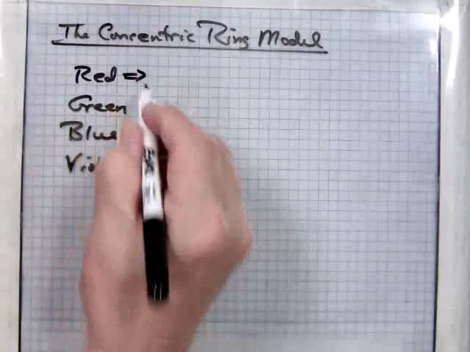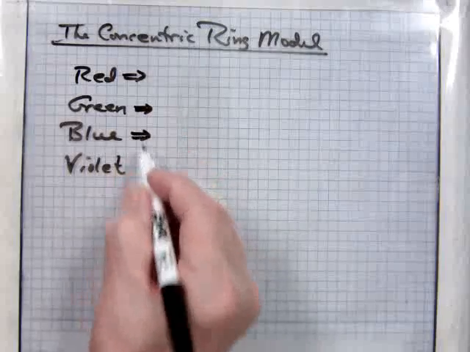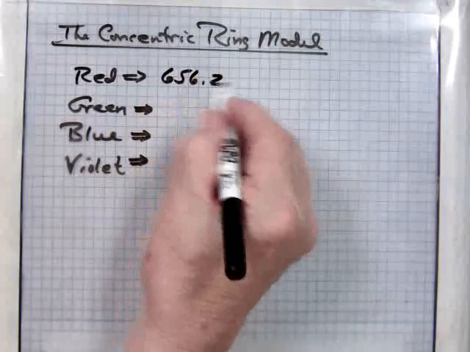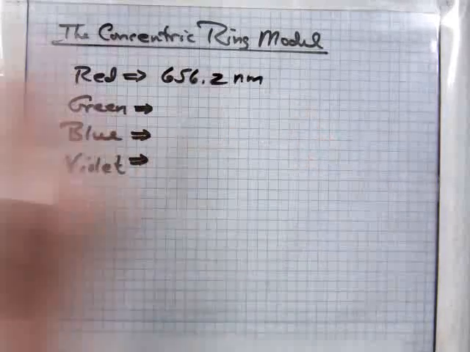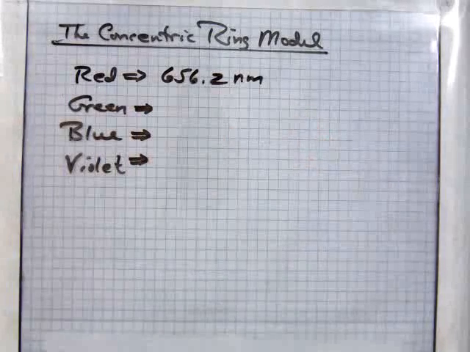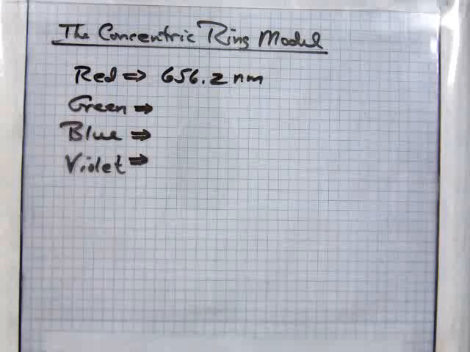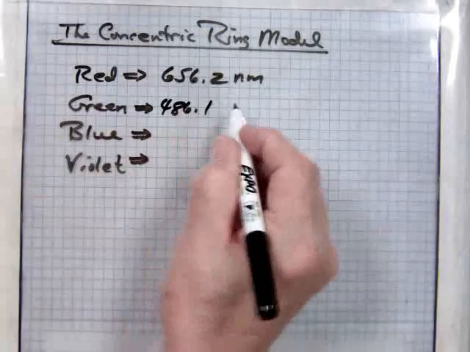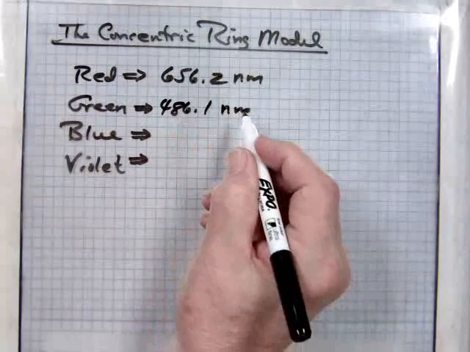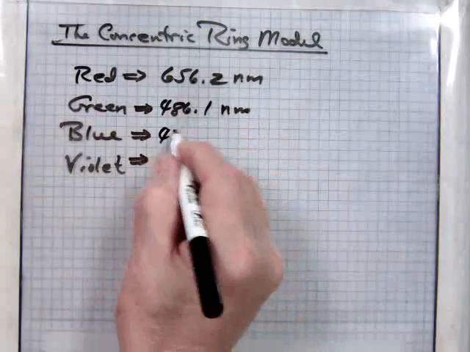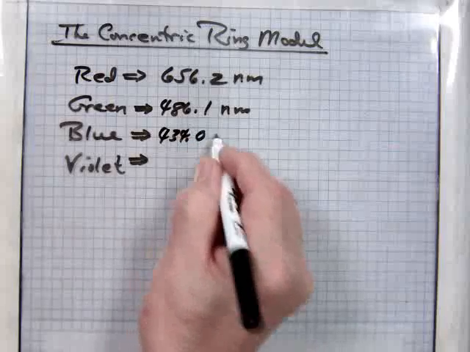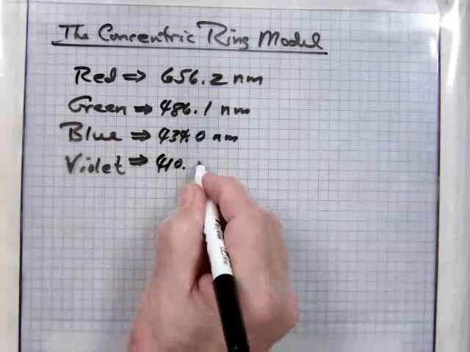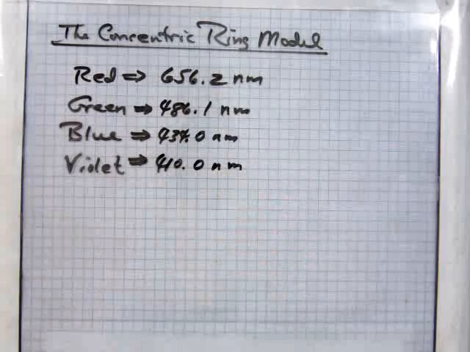And this gives us these four wavelengths: 656.2 nanometers, 486.1 nanometers, 434.0 nanometers, and 410.0 nanometers.